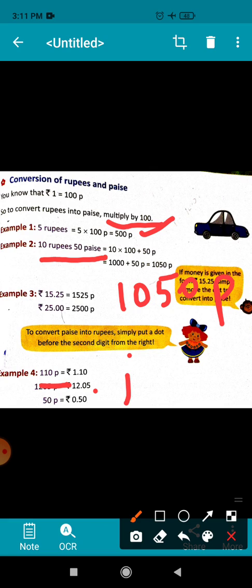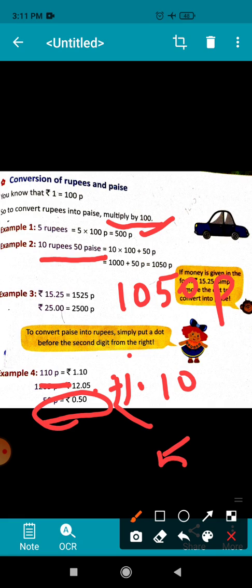So 1.10, rupees 1.10. Is that clear? And here 50 paisa, you want to convert this into rupees. So what you will write? 50 after the point, and because there is no digit in the rupees place, so you will put 0. So this will be the answer. Children, hope you all have understood.